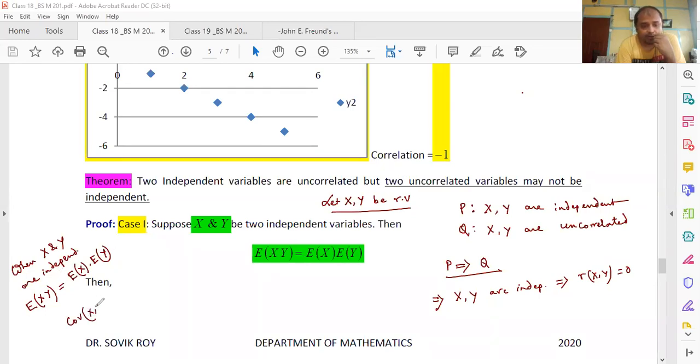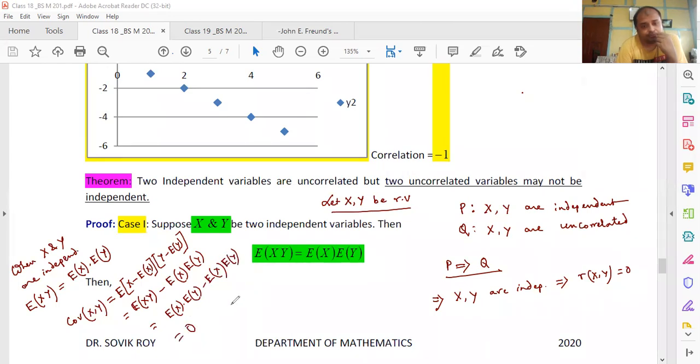Now we know that covariance of XY is represented by the following formula: E of (X minus E(X)) (Y minus E(Y)). And if I write it in a computational form, this covariance formula can also be written as E of XY minus E of X into E of Y. Now, when the variables X and Y are independent, E of XY becomes E(X) into E(Y). So ultimately, we are getting E(X)E(Y) minus E(X)E(Y), which is equal to 0.